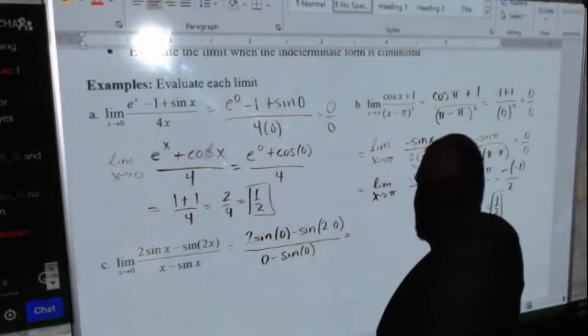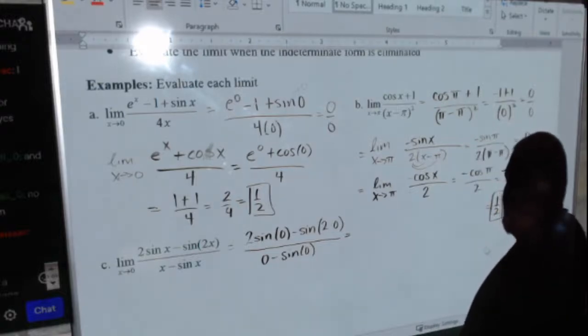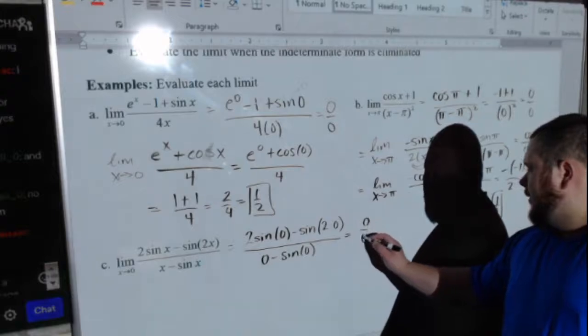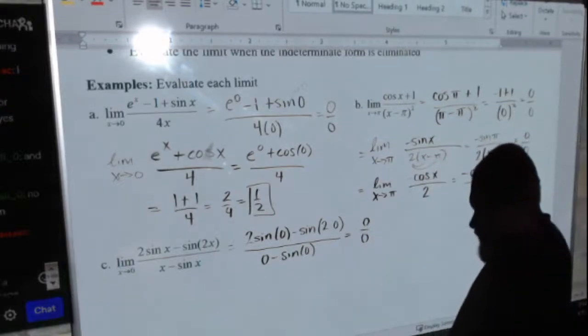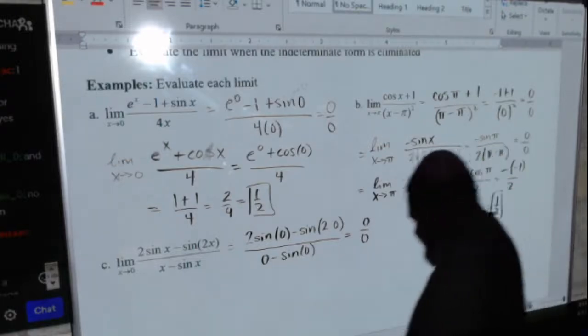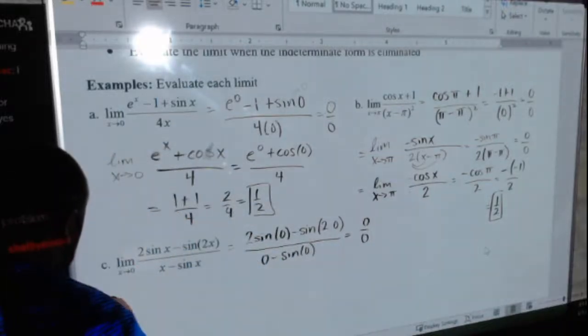So first thing with this one, I'm going to plug all the zeros in. Sine of 0 is 0. So this whole thing is 0 over 0. That's one of those indeterminate forms, so we can go ahead and use L'Hopital's rule. So take the derivative.